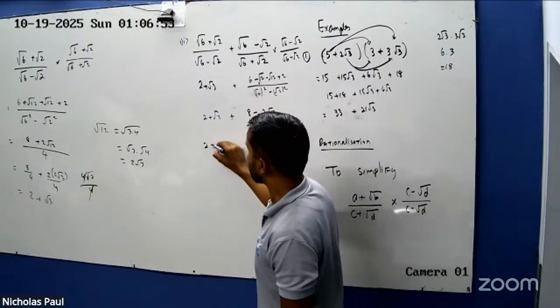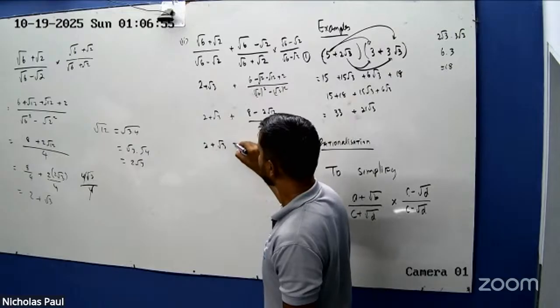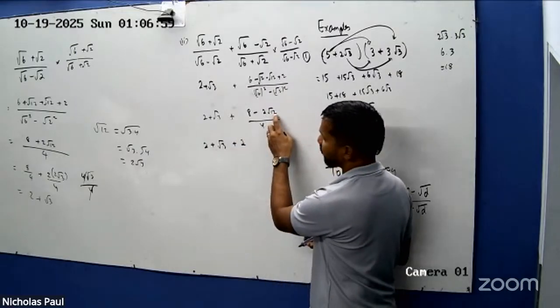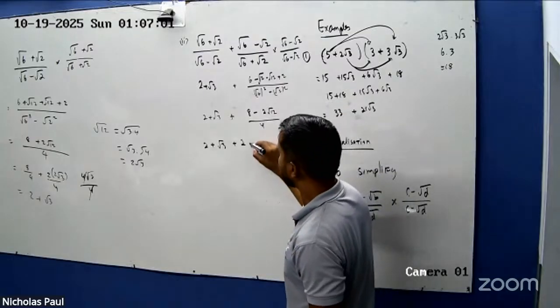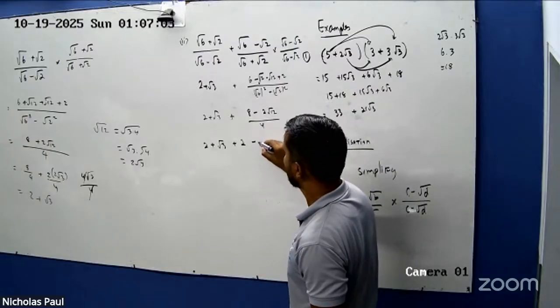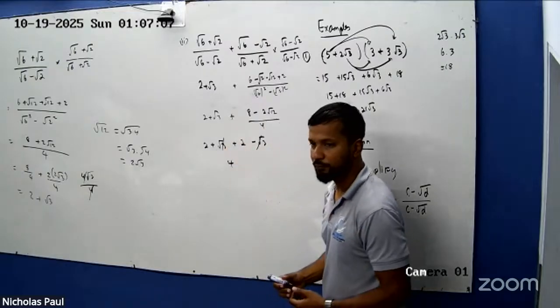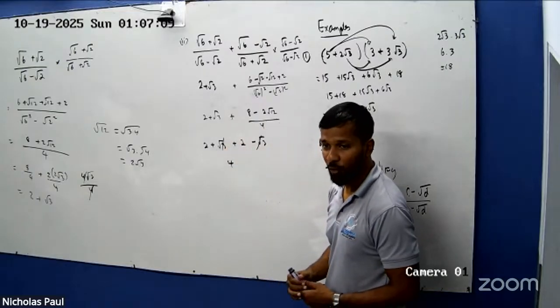So again I had to simplify this root 12, and I will get 2 minus root 3. This will cancel and I'll get 4. That's it.